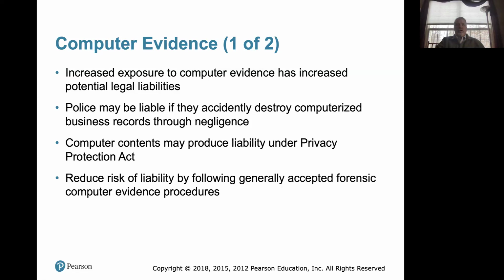More tricky things: computer information that contains information about individuals, financial information for people. If it's not directly related to what the officers are investigating and they somehow release or destroy that information, that could generate liability.